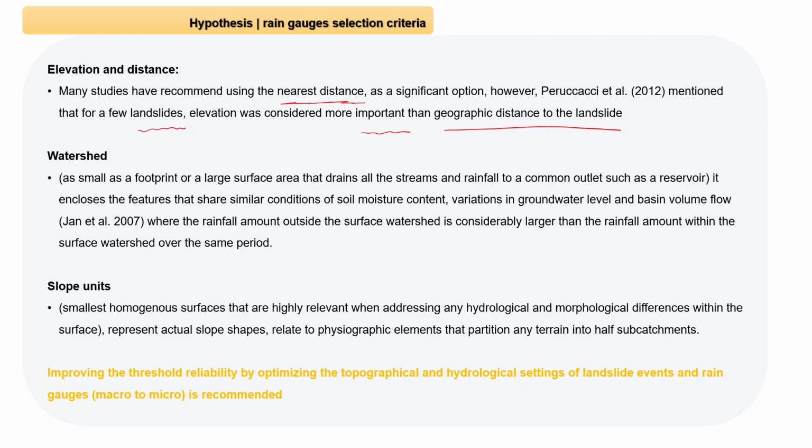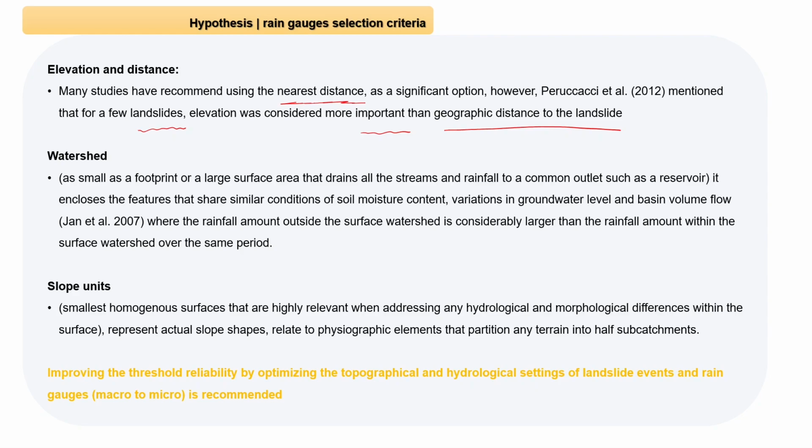So in different words, it includes the features that share similar conditions of soil moisture content, because they all drain together, and variation in the groundwater level and the basin volume flow. And this is as mentioned by Jane et al.